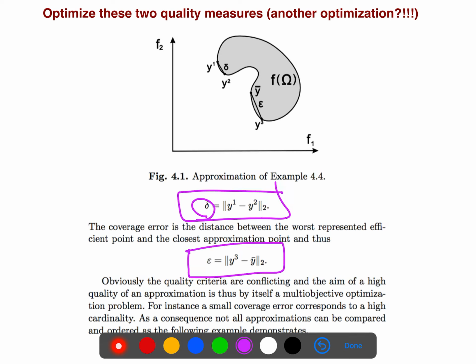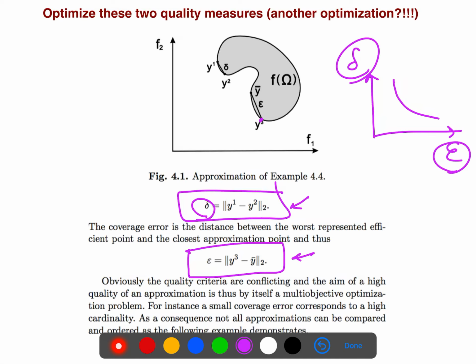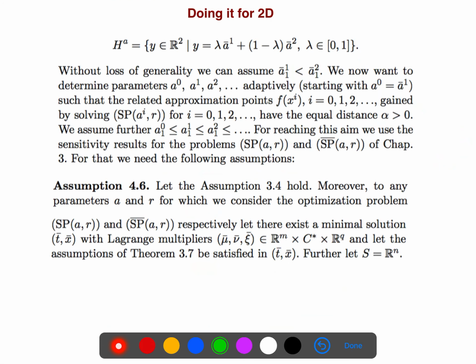But when you're talking about epsilon, it is comparing with the points that you have not considered in your approximate efficient set. So you want a low delta and a low epsilon simultaneously. Even this one is an optimization problem, because you want to minimize both epsilon and delta. So you see that this is just another optimization.